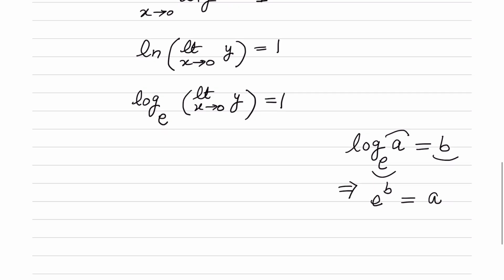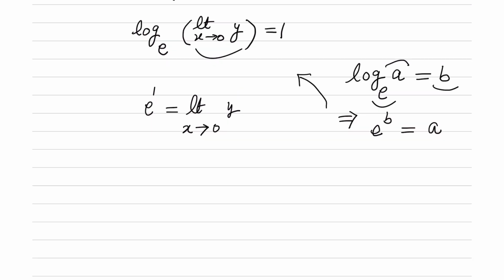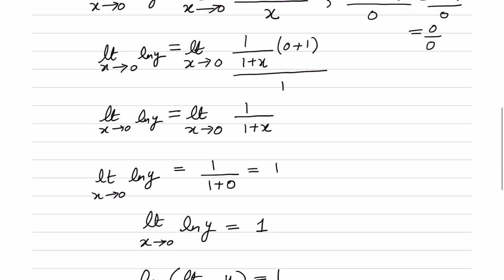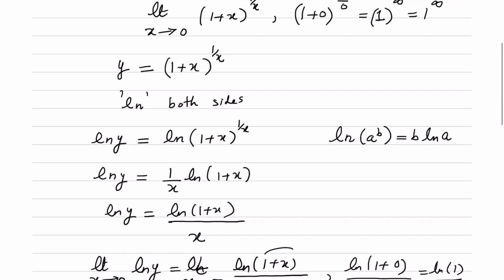The same way we will apply it here. You write the base first. Here the base is e. Whatever is on the other side of the equality becomes the power, and the thing written with log goes on the other side. So we have limit x approaches 0 of y equal to e. Now remember, we had assumed in the beginning y equal to (1 plus x) to the power 1 over x.